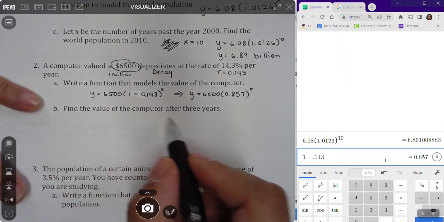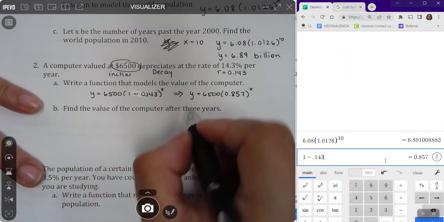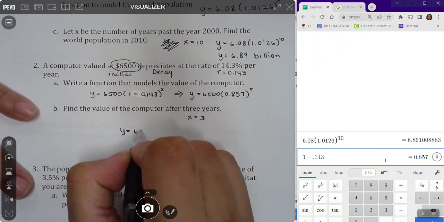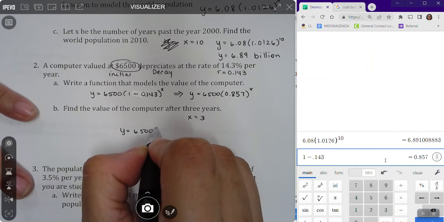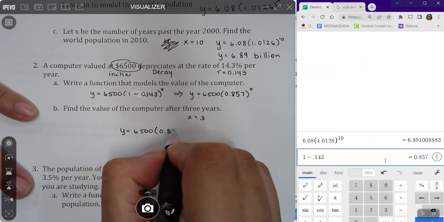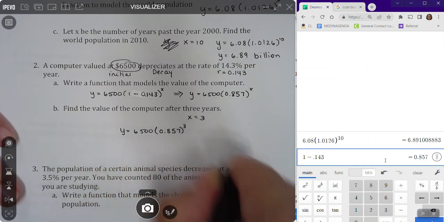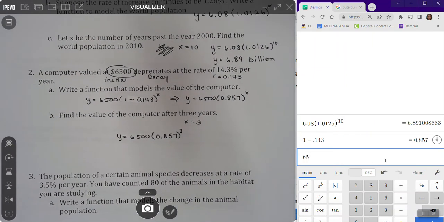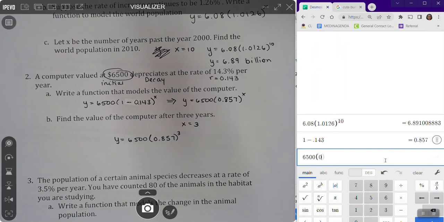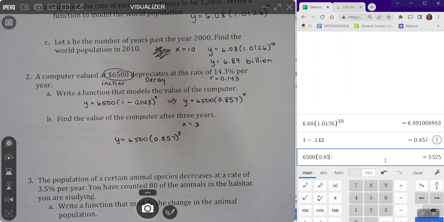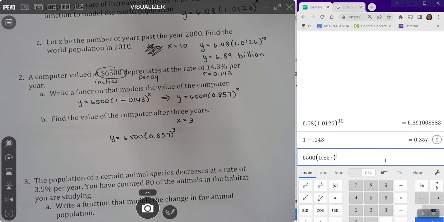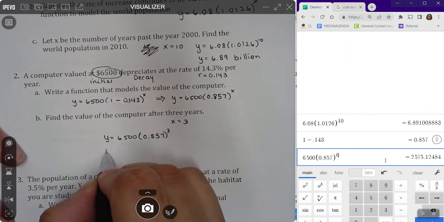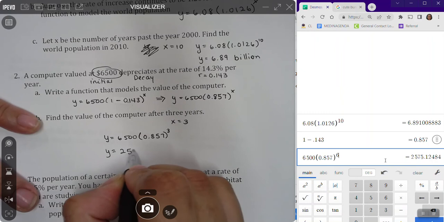Find the value of the computer after 3 years. So that means that x equals 3. So then y equals 6,500 times 0.857 raised to the 3. Okay. Let me see, what is this? 2575.